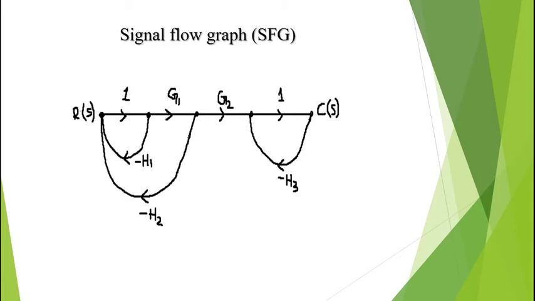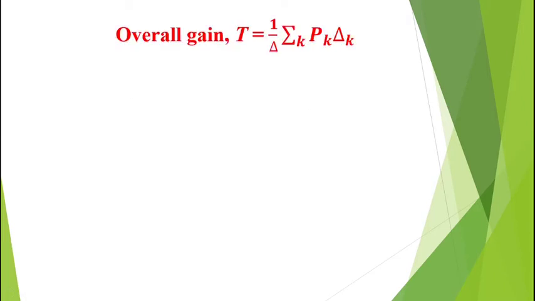That means the forward path doesn't contain any loops. So the number of forward paths in the signal flow graph is 1.